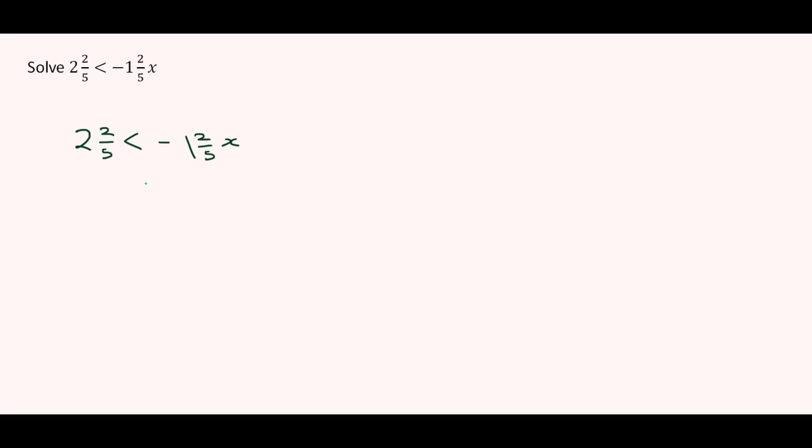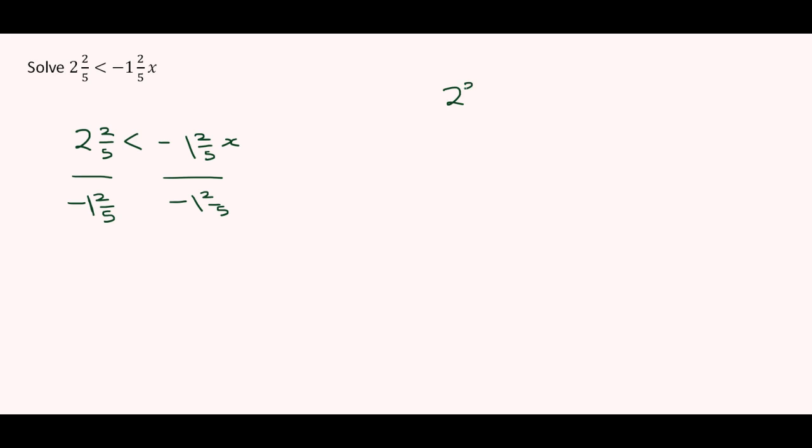And the reason why I'm not going to do the moving is because this is a one step, so I can only perform one mathematical operation on the inequality. So we're just going to do a division here. So you divide by negative 1 2 over 5, we divide here by negative 1 2 over 5.